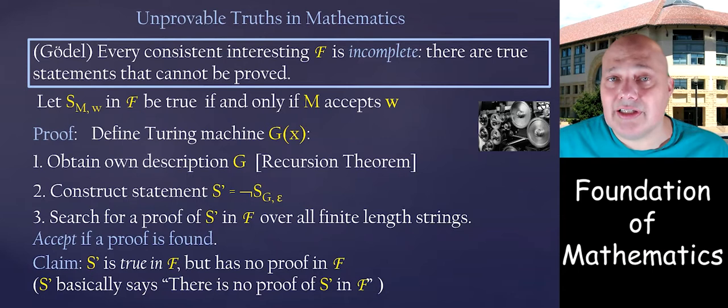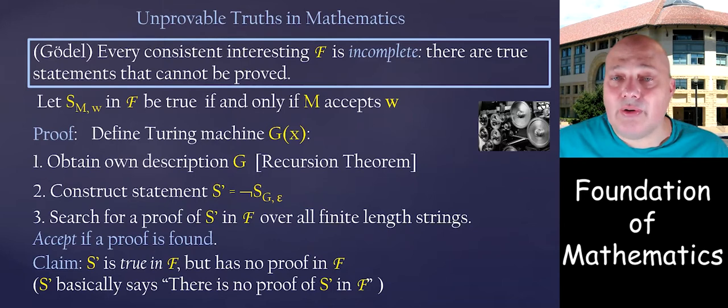Why? Because the system is consistent. We don't have proofs of false statements. So if S_{G,ε} is true, then there is a proof that it is false, and therefore it is false, which is a contradiction. And so the only other option is that S prime is true.